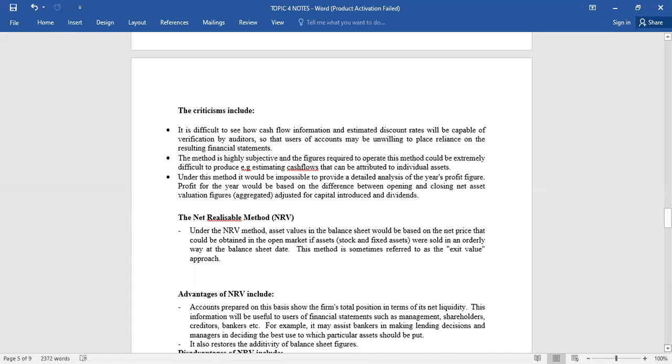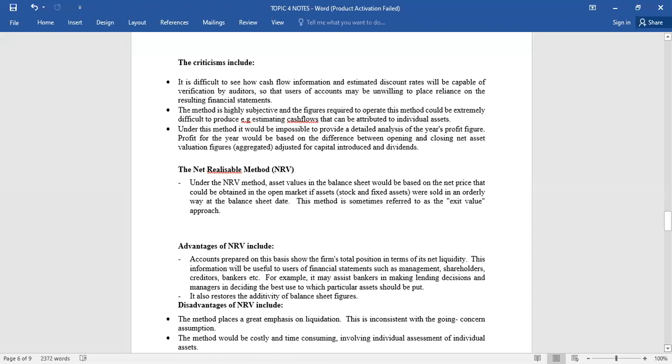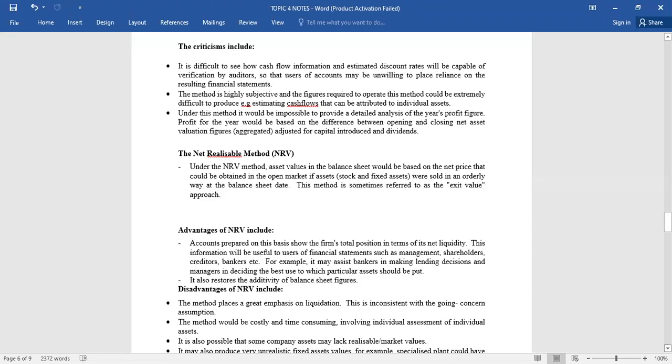Now, the problem of the NRV, or the net realizable value, is that accounts are prepared on the basis that shows the current financial position. But we do this in anticipation of continuing to run for the foreseeable future. We don't do our financial statements as at the end of the period to wind up, unless the company is dissolving. But if we are not winding up, this information is useful to the users of the financial statements.